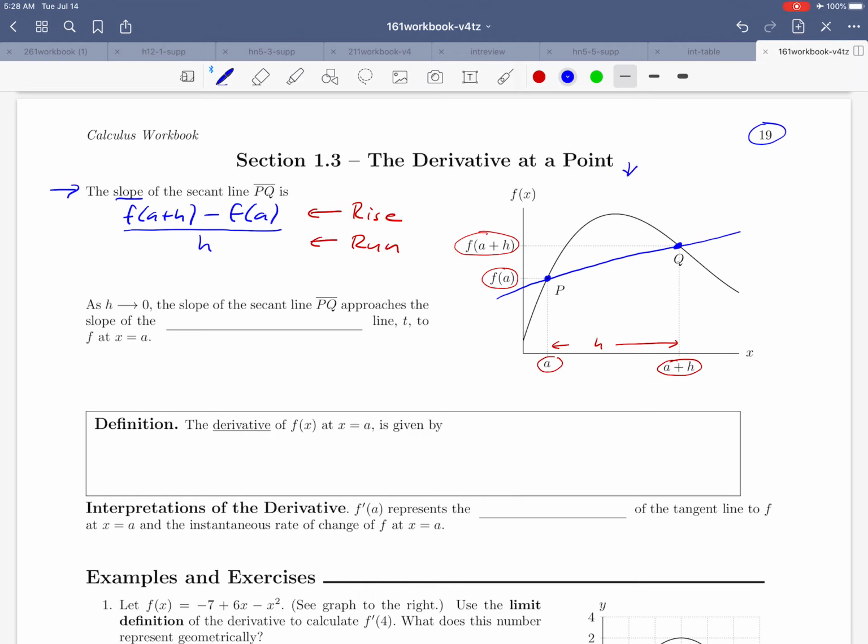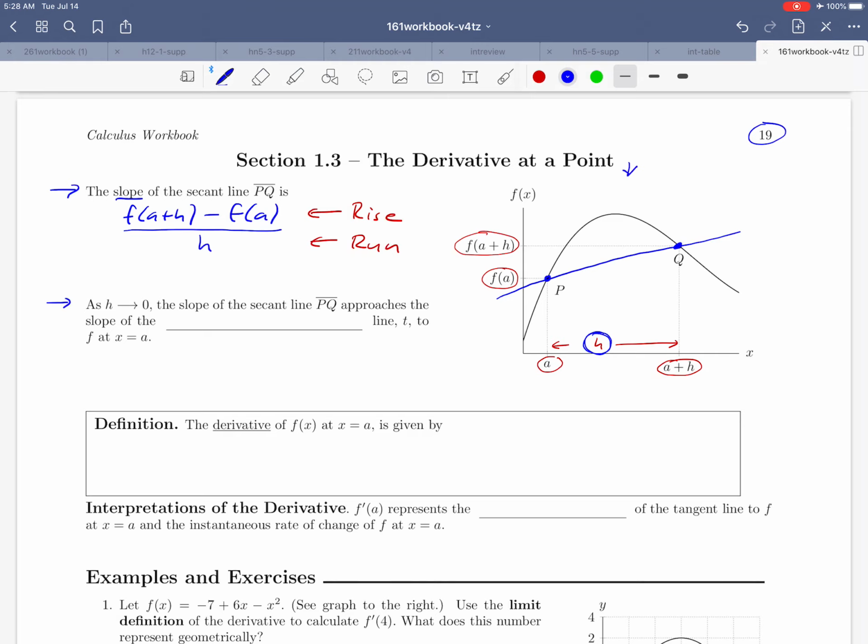Okay, now here's the next thing that's going to lead us to the concept of the derivative. If you look down to the next paragraph here, we're going to let h approach 0. So in our diagram, what that means is that we're going to think of this distance h, this run, is getting smaller, which means that the points P and Q are going to get closer to each other.